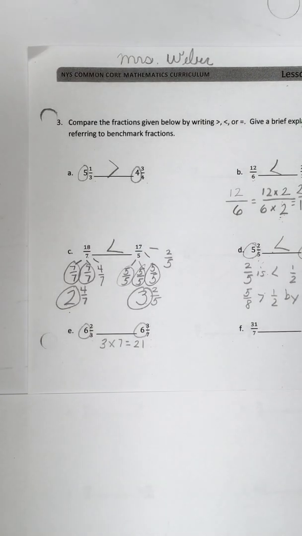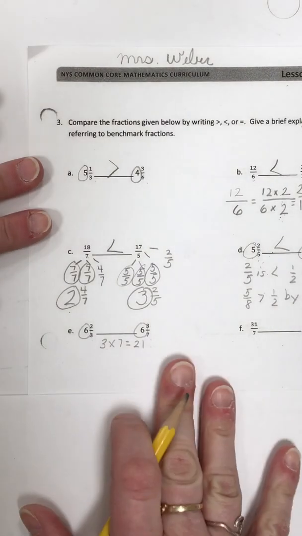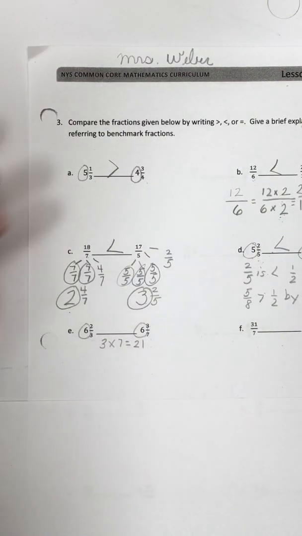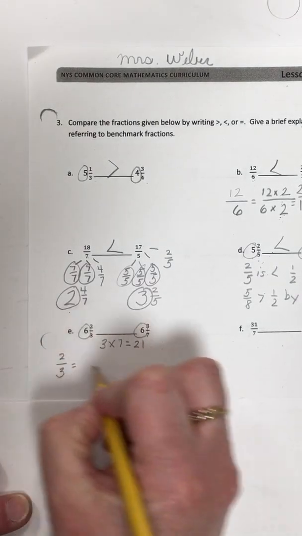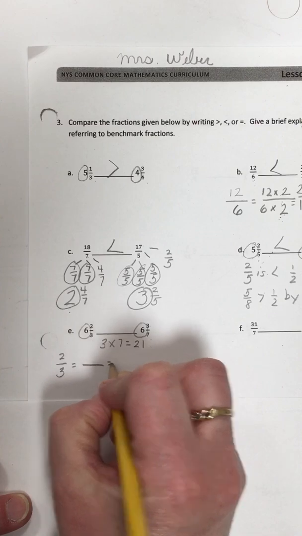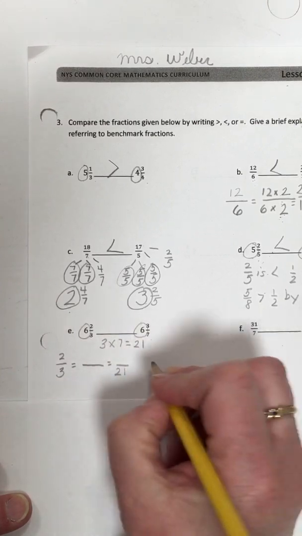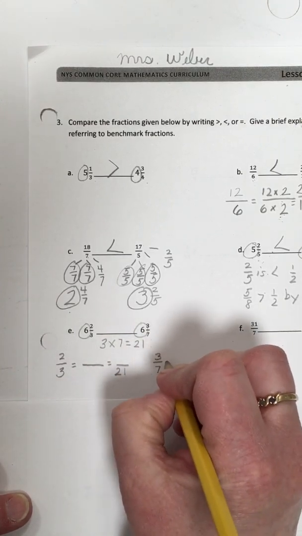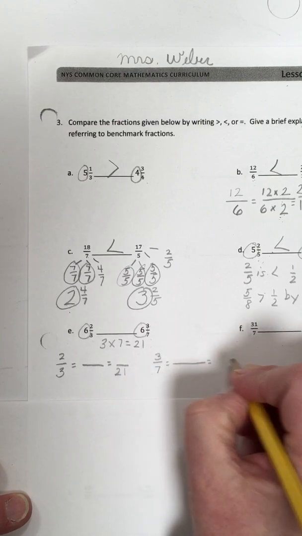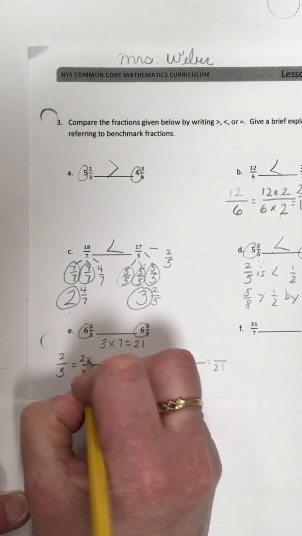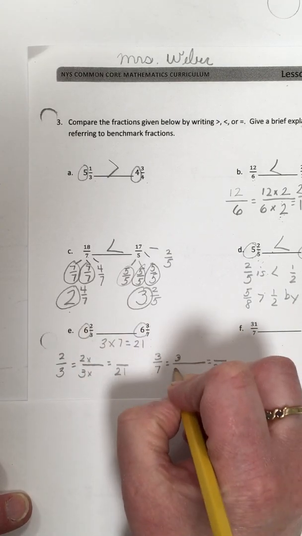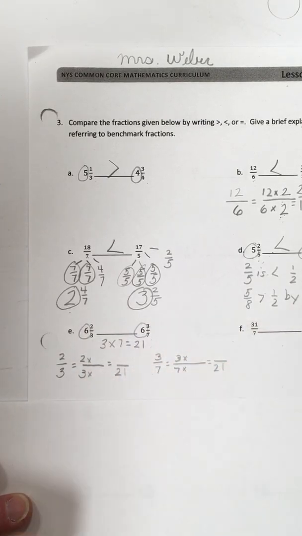So I'm going to change each of those so that their denominator is 21. So 2/3 is going to be changed to it, and 3/7 is going to be changed to it. Now at any time, if I'm going too fast, remember, all you have to do is pause the video.